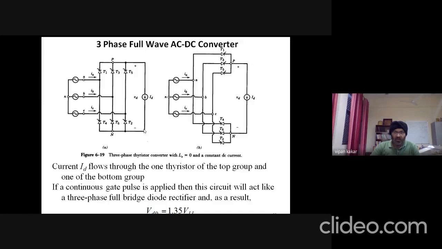If you remember the conditions, one thyristor from the upper group and one thyristor from the lower group work in pairs. For example, T1 and T6 can be one pair, and T1 and T2 can be another pair, and so on. Depending upon the decision on the pair, the phase voltages are selected.